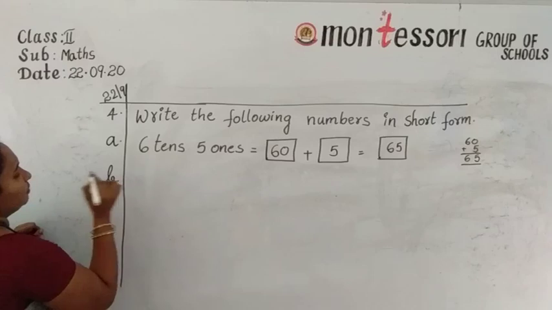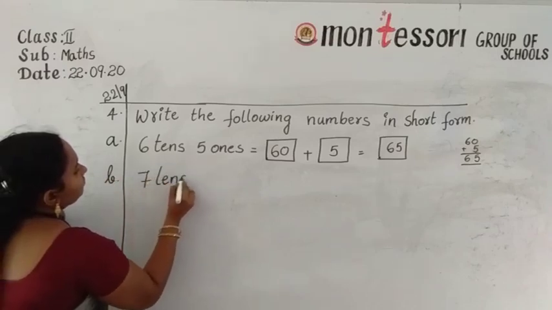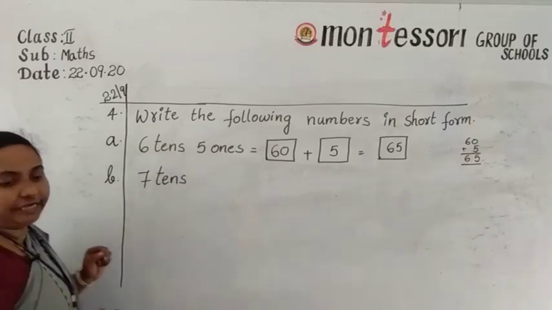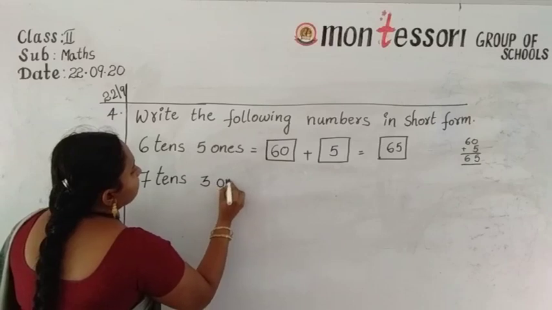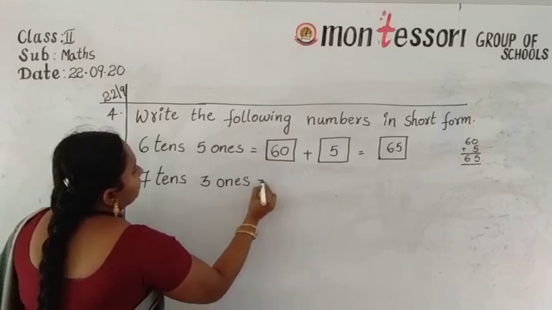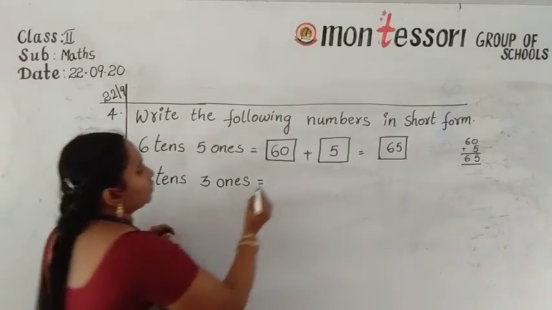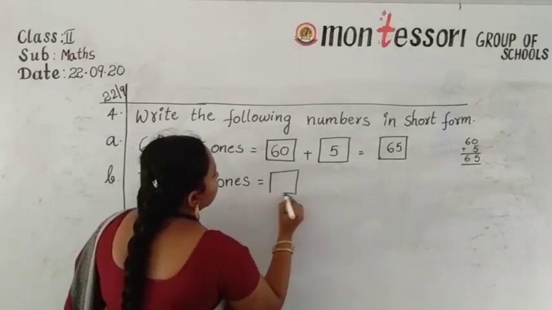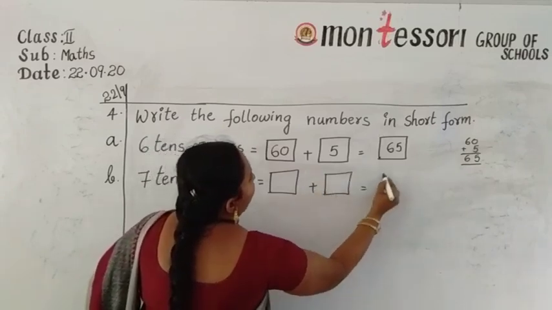Now in B bit, 7 tens, 3 ones. So now here it is given like this. Here 2 boxes, with a plus in the middle, and again here 1 box.